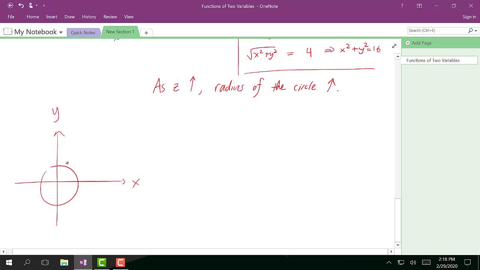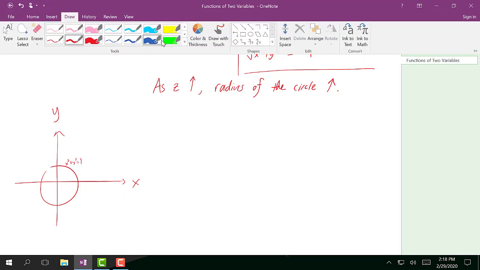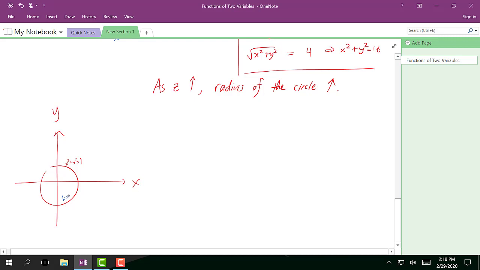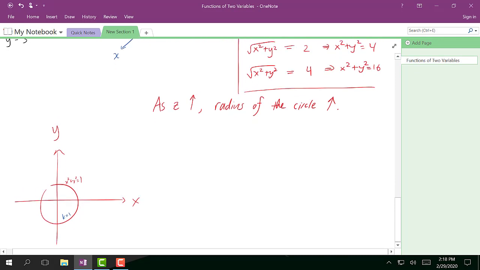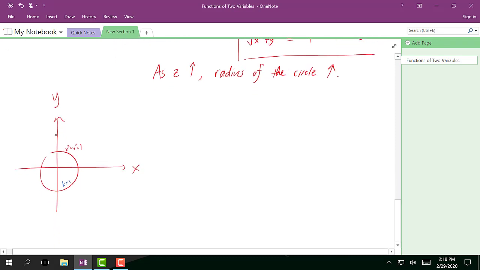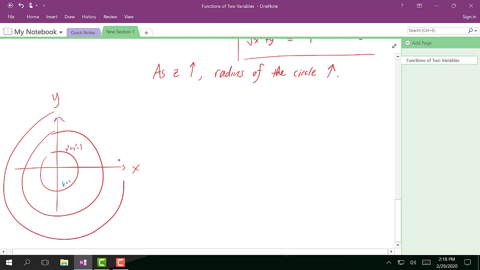This is x squared plus y squared equals 1, which I obtained when k equals 1. If we do k equals 2, I get the circle of radius 2. And then if I do k equals 4, I'm all the way out here.